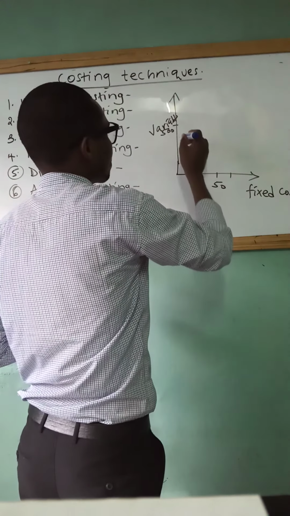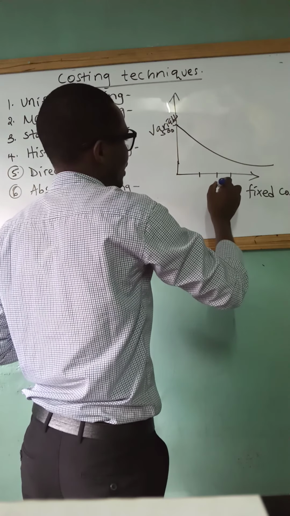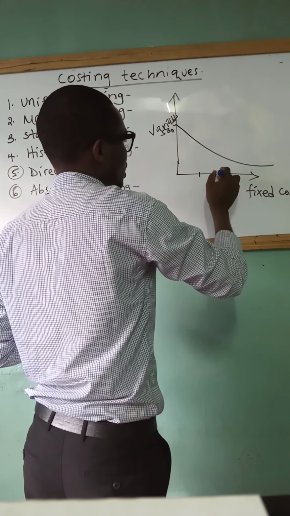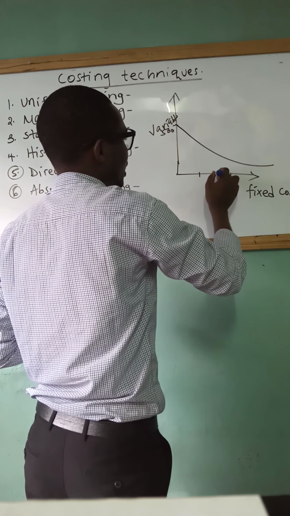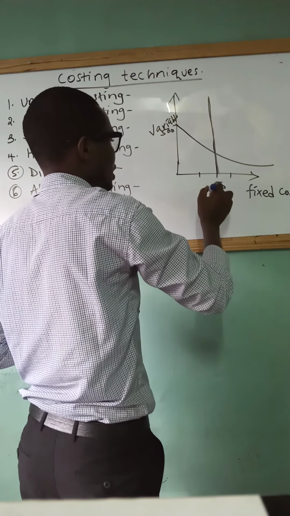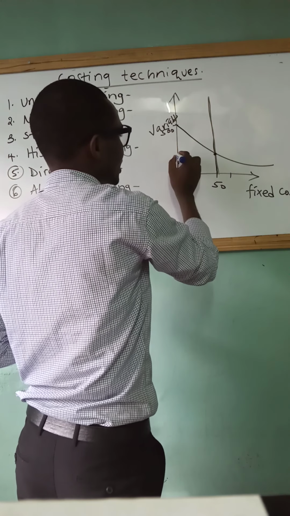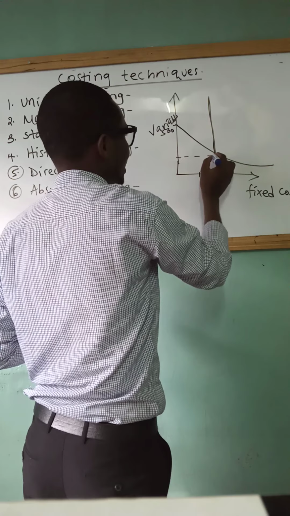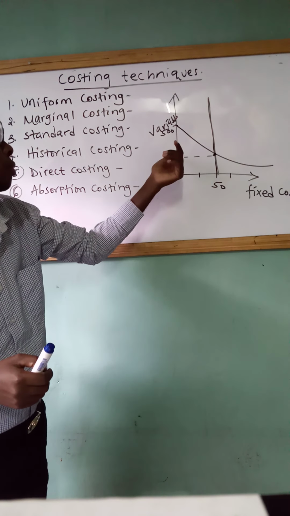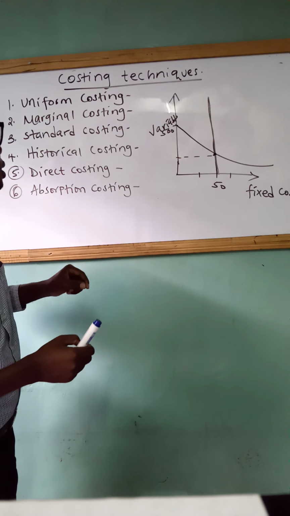Probably if the variable cost goes down and the fixed cost remains constant, all right? The fixed cost will remain constant. There is a point here where the two will meet. Now I can comfortably say that the cost of producing this item lies here. Yes, that's how we come up with marginal costing.